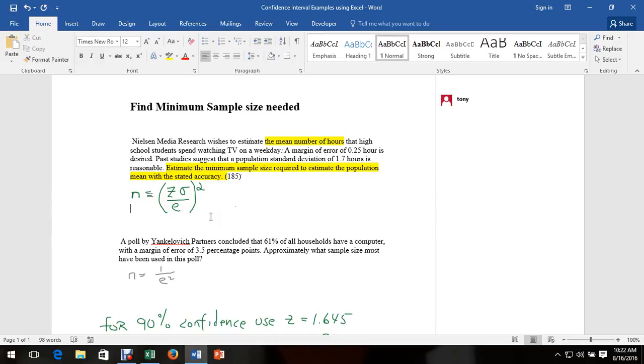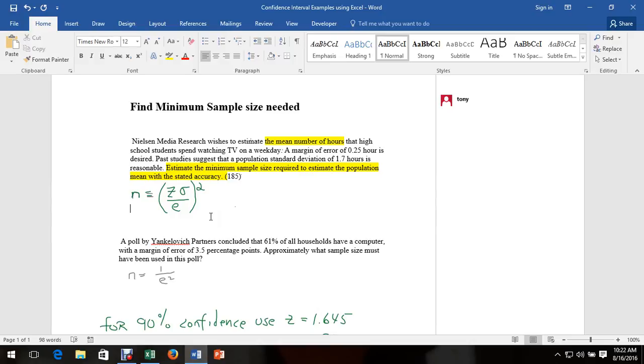And don't forget, you have to square that whole thing. And when you square it, it comes out to be about 185. It depends on how close you are to, z is 1.96. Some books use 2 instead of 1.96. They round it to 2.